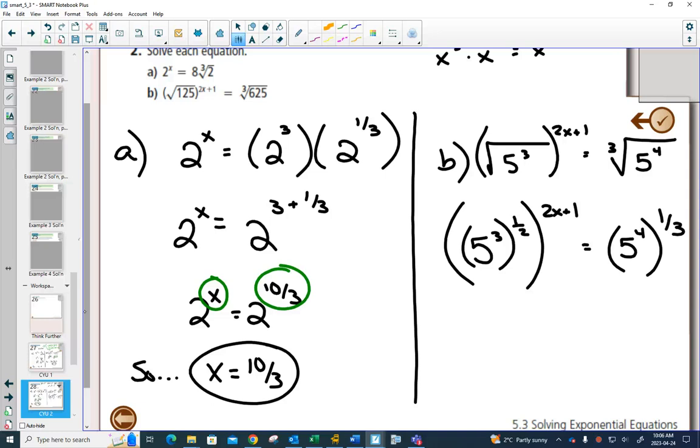So on the right-hand side, I'm going to multiply 4 times 1/3 will be 4/3. On the left-hand side, I'm going to multiply these ones first. 1/2 times 3 is 3/2, and I would still have to the 2x plus 1.